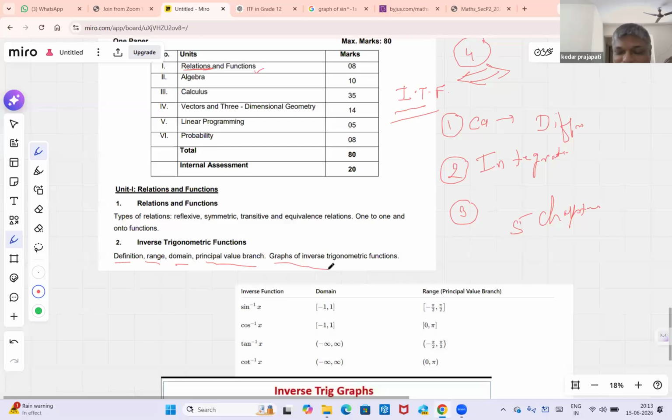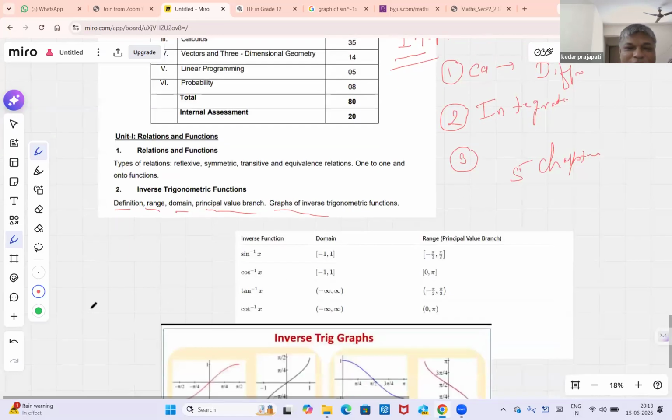Okay. So when I was at your age, when I was doing my 12th, this was one of the chapters I didn't understand. Like, what is the meaning of sine inverse x? How to remember domain and range, right?